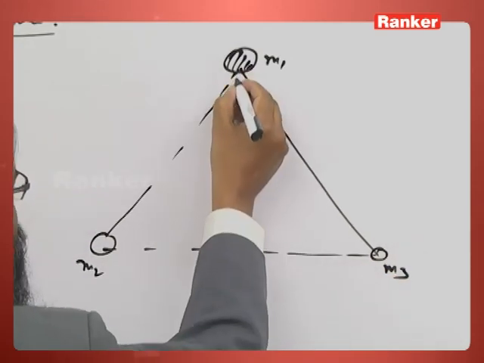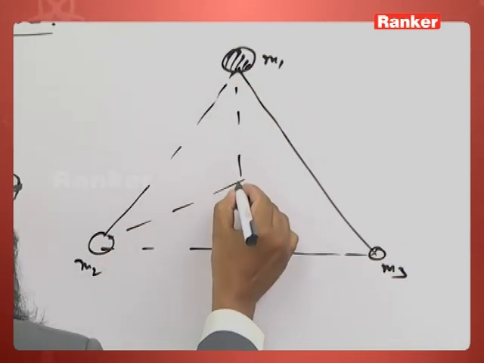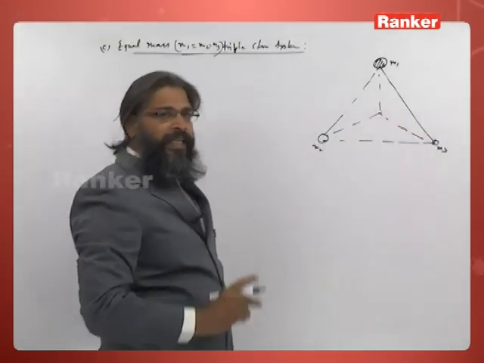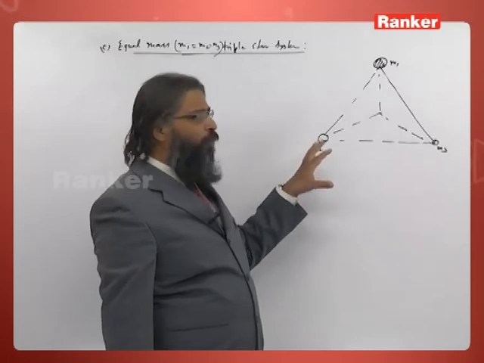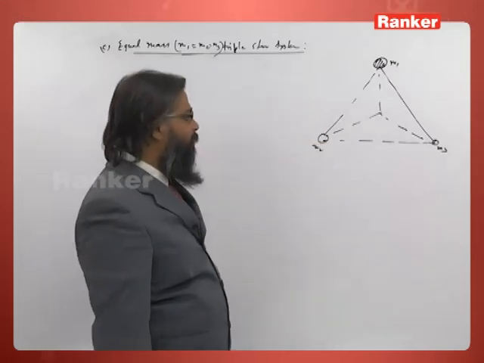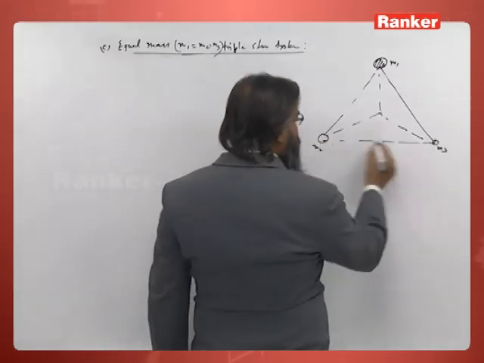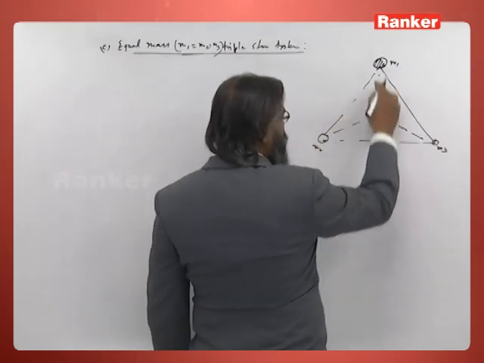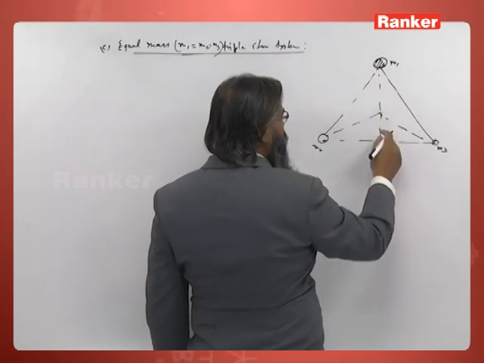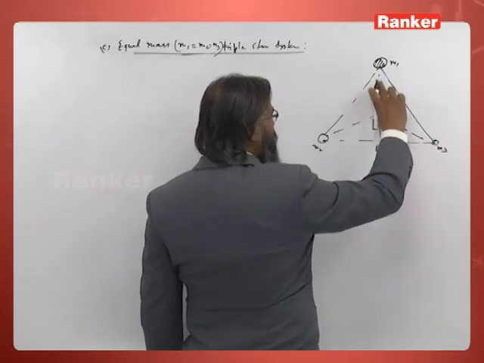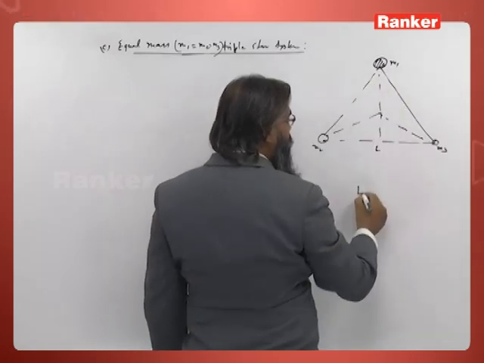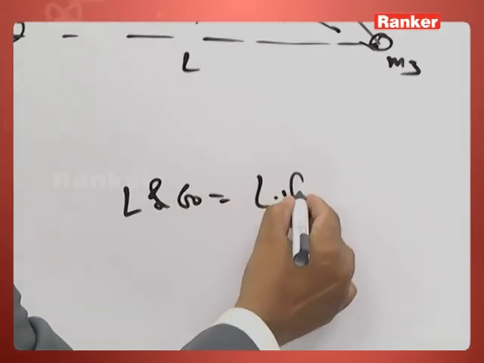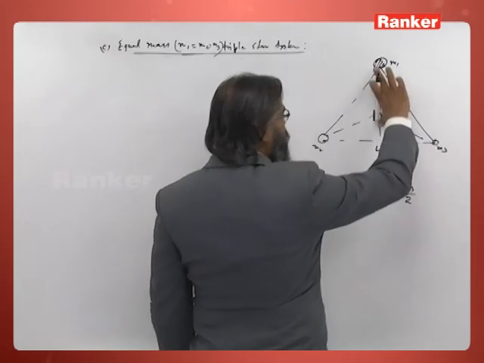They are equal masses and they are on the vertices of an equilateral triangle to form a triple star system. The distance between 2 masses is L. Let us find out first the altitude. This altitude will be L sin 60, that is L root 3 by 2.